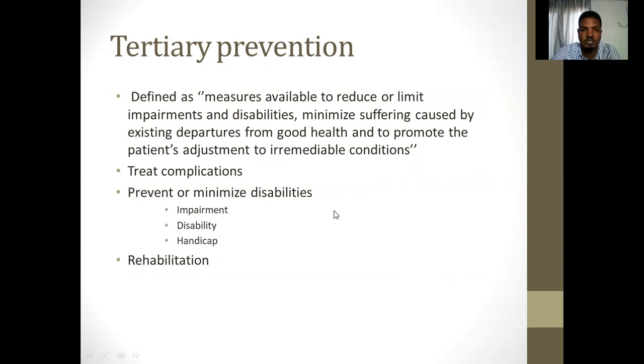It's a pretty long definition, but the gist is that the essence of tertiary prevention is to prevent complications or treat as early as possible complications that may have occurred as a result of an individual suffering a particular disease, and also in case of impairments or disabilities, help the individual to adjust back into society via rehabilitation. That is, the patient is rehabilitated back into society so that they can function as near normal as possible. That is the essence of tertiary prevention.